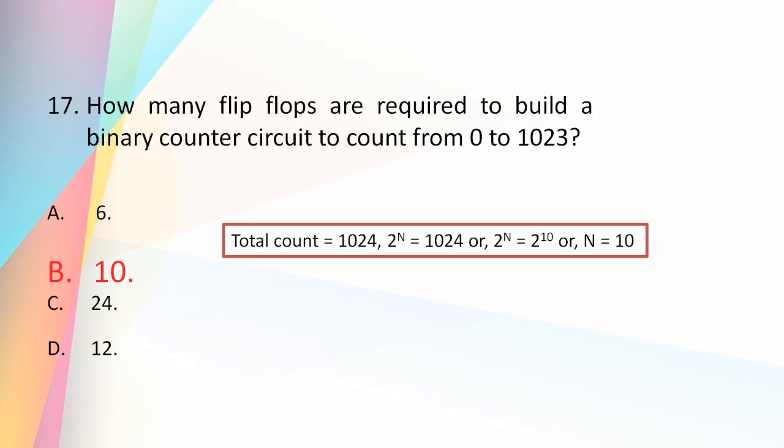So we can take it as 2 raised to n equal to 1024, or from this we can obtain it as n equal to 10, because 1024 is equal to 2 raised to 10. So 10 flip-flops are required to set up a binary counter circuit which can count from 0 to 1023.